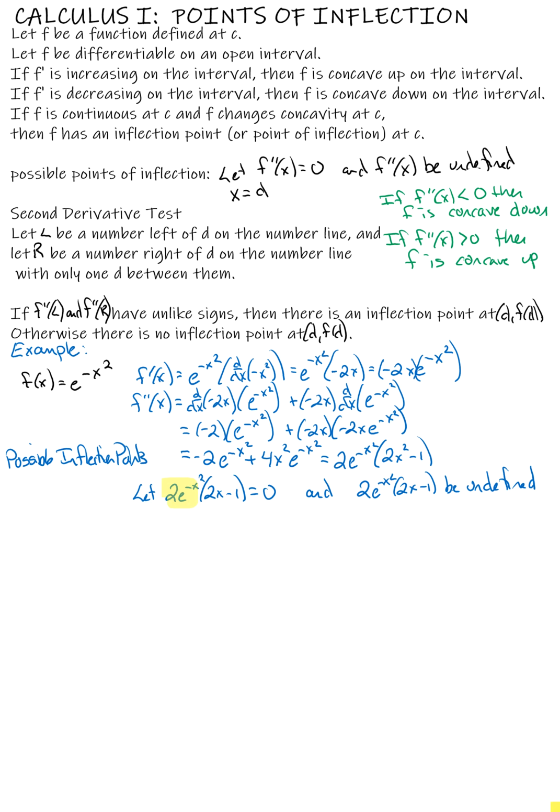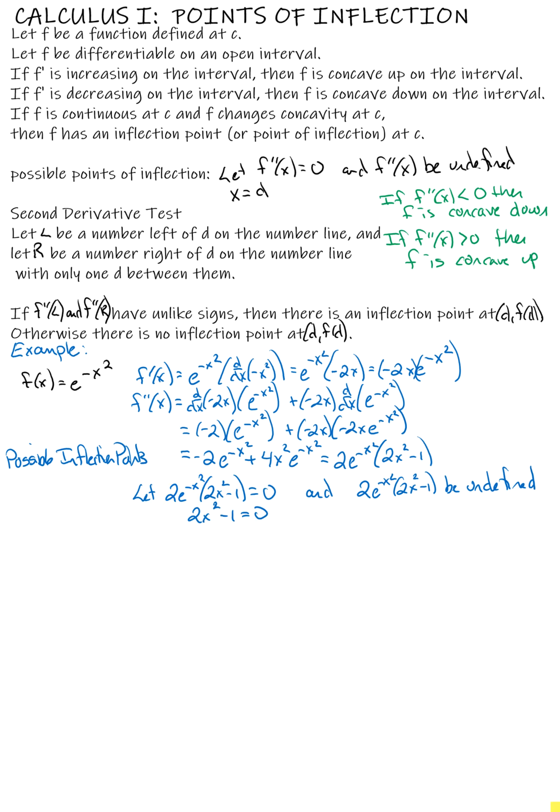Remember, e is a positive number. It is never equal to 0. So this tells me that 2x squared minus 1 would have to be equal to 0. Let's solve that.